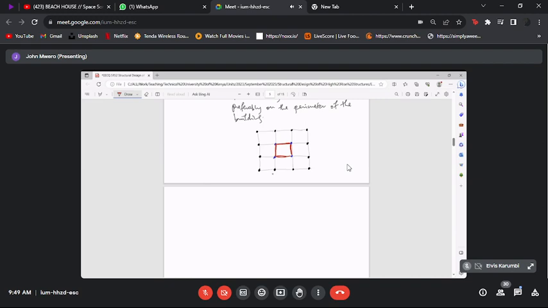So this is a reinforced concrete tube, and then reinforced concrete columns forming an external tube.